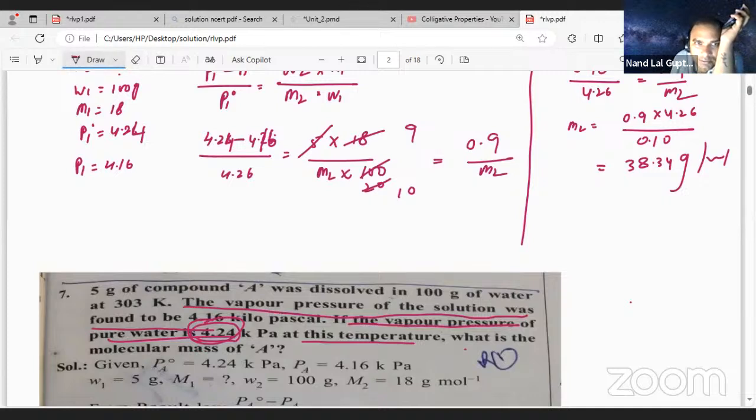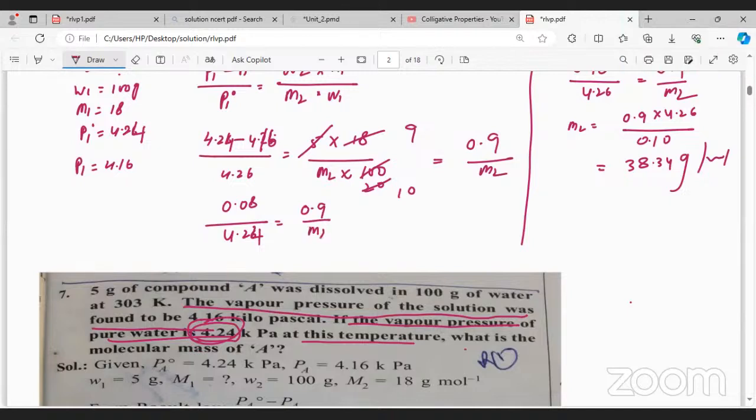So, what will be there? 4.24 minus 4.16, that is 0.08. 0.08 divided by 4.24, not 4.26, every time I am making a mistake. So 0.9 of 4.24, M2.